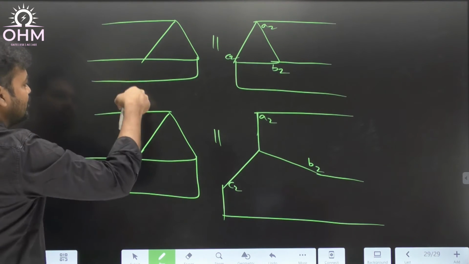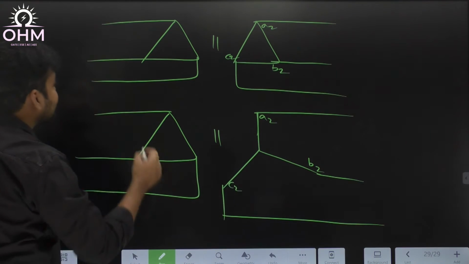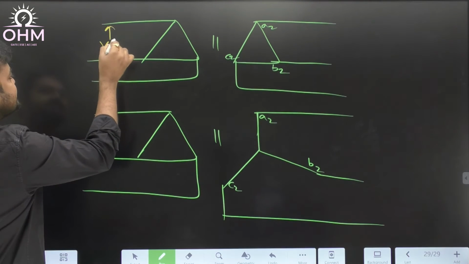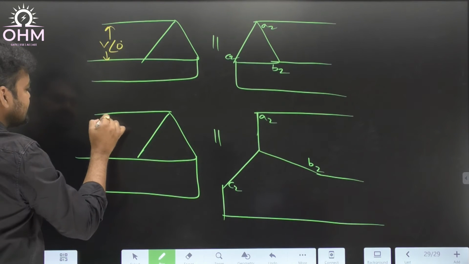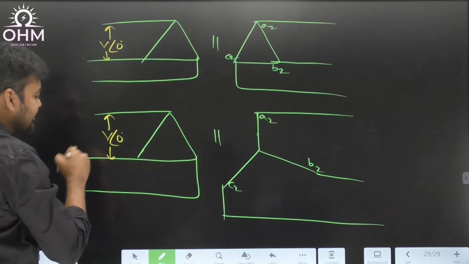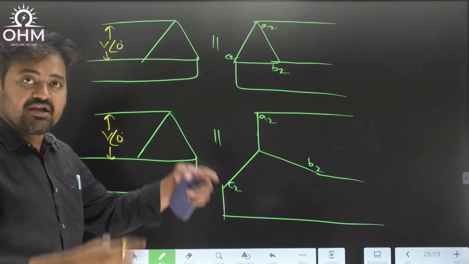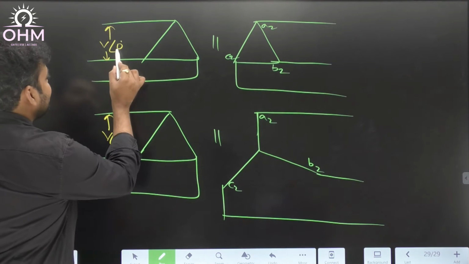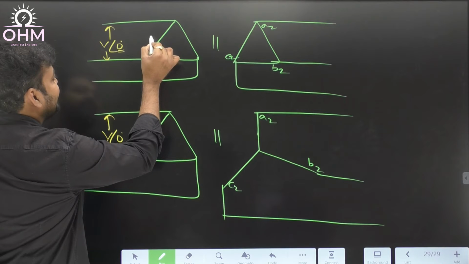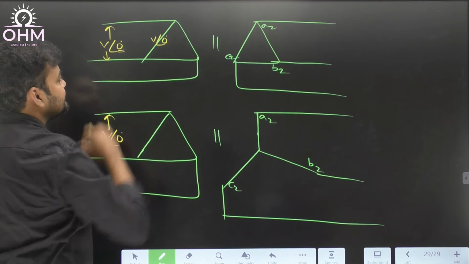But primary side, the two transformers are connected in parallel, therefore their line voltages are same. Let's say this is V at an angle 0, this is also V at an angle 0. Both line voltages are same because they are connected in parallel. If line voltage is at an angle 0, what about primary phase voltage? Also at an angle 0 only.